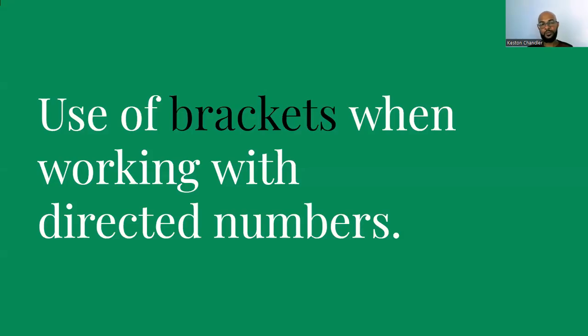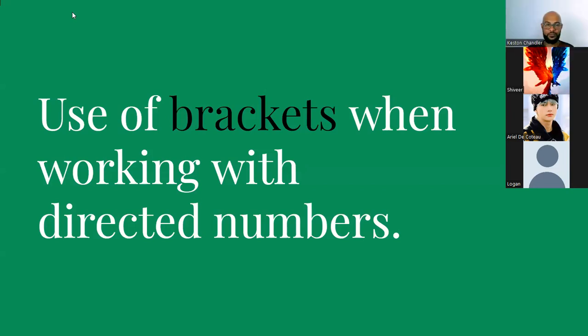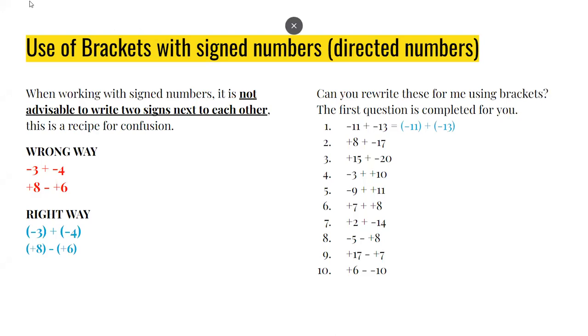Now, we want to practice using brackets when we work with directed numbers or integers, because we don't want to jumble signs together. I don't want to have a positive and a negative sign next to each other, where we can't really differentiate what's going on, right?